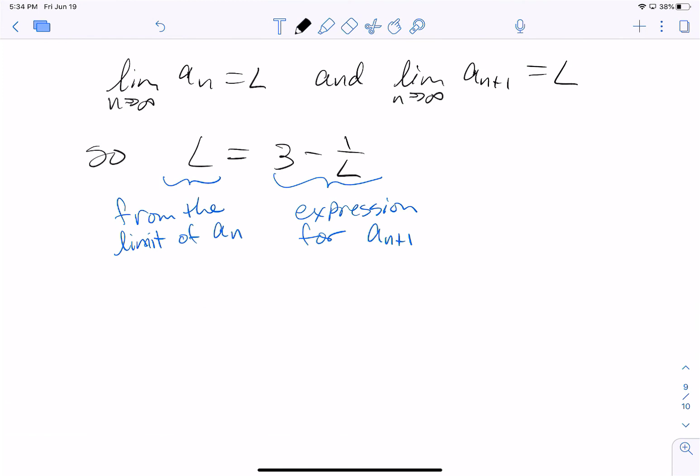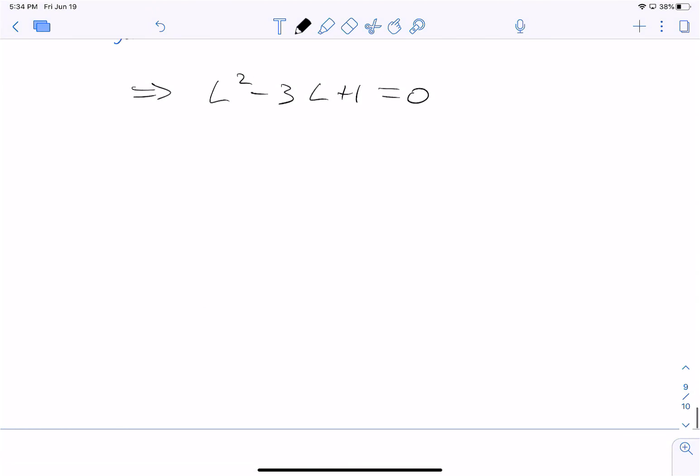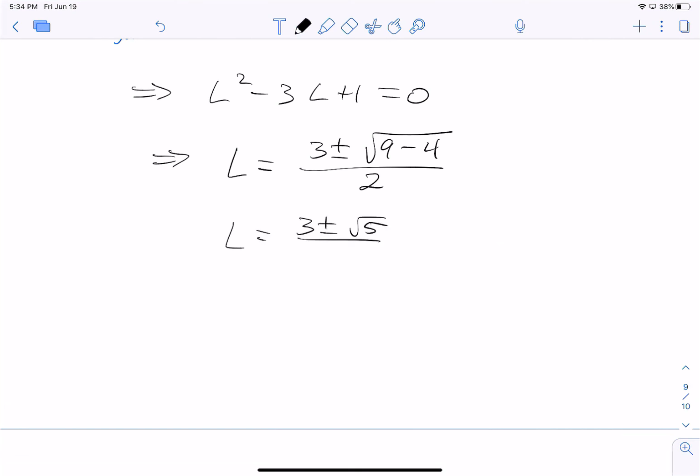If we clear the fraction and manipulate this equation, then we end up with L squared minus 3L plus 1 is equal to 0, which is a quadratic function. We can't factor it, but we can use the quadratic formula. And so L is equal to 3 plus or minus the square root of 9 minus 4, all divided by 2, or L is equal to 3 plus or minus the square root of 5 over 2.